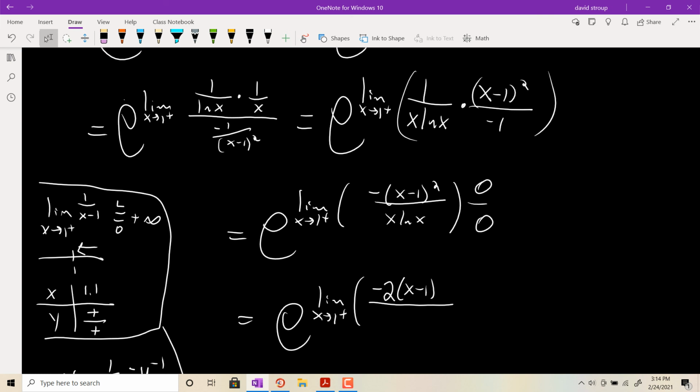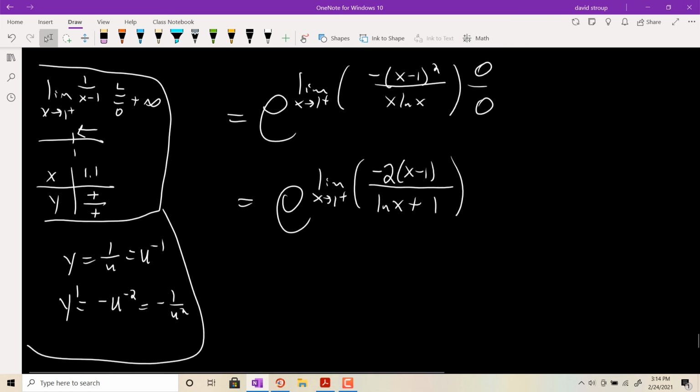So that would be ln of x plus, so what's the derivative of ln of x? It's 1 over x, but then times the other one, which is x, which is just 1, right? So then you check it again. In the numerator it'll be 0, and the denominator will be 1, so that's just 0 over 1, which is 0. So you end up with your answer as 1.